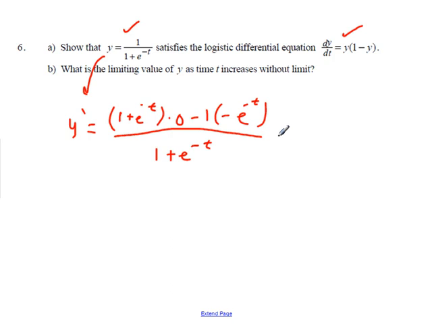Well, simplifying this, we get e to the negative t all over 1 plus e to the negative t, squared. And that's what y prime is.